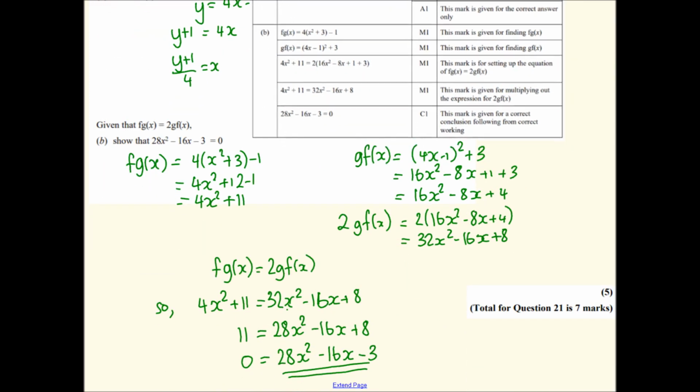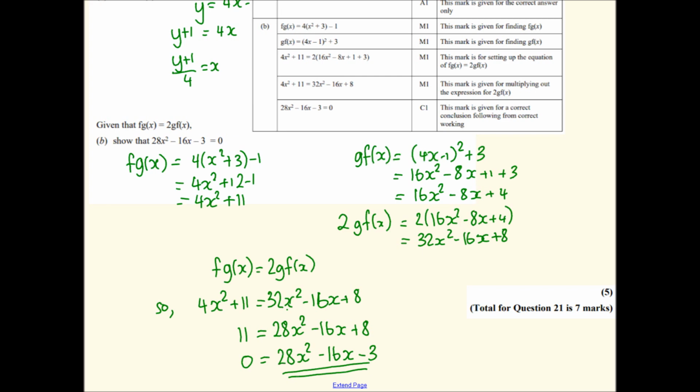And in part 2, your first mark comes in for finding f of g of x, and that is as simple as just doing that first substitution. Okay, so not even getting to our simplified stage. And same over here, first mark just for the substitution.